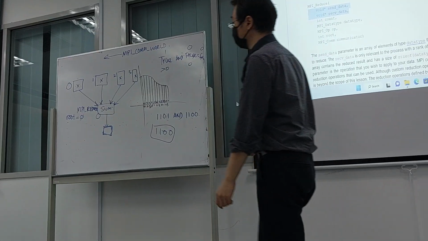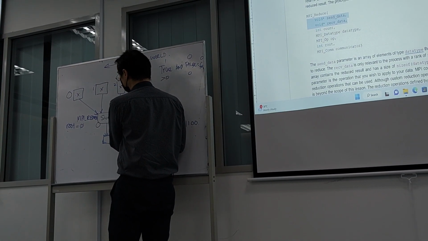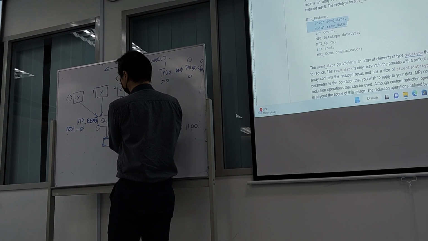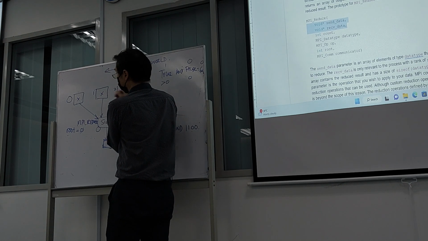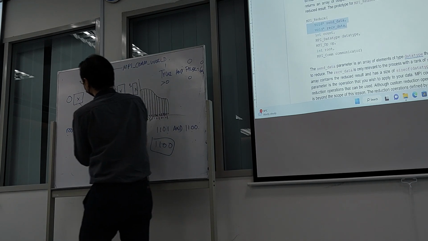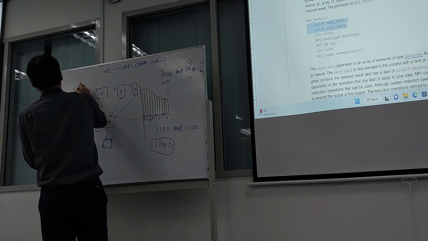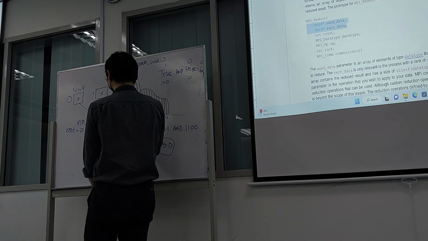The receive data is going to be the address of the variable which is going to hold the added value. When you add the value, where do you want to put it? So we know that this one is going to be the result, the address of the result. And we know also where you're going to put it, into the sum.